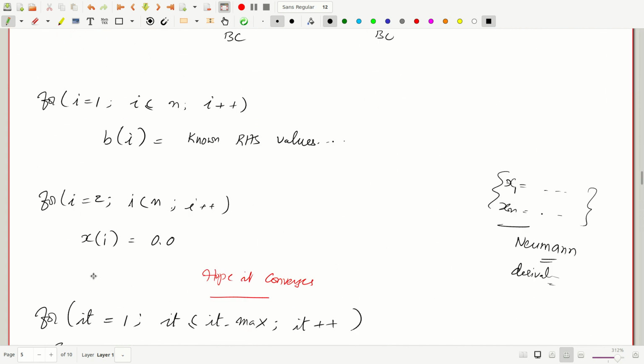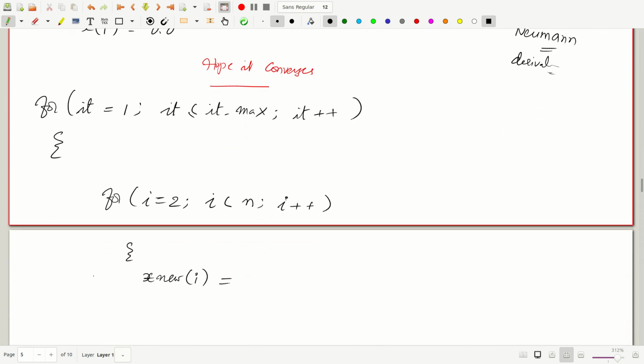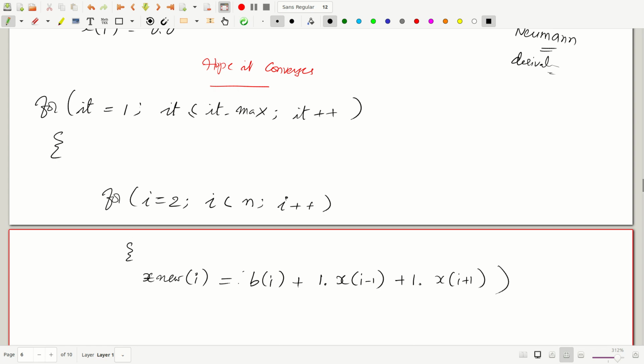That's what we'll get. So if I work with a tridiagonal matrix of the form shown here, then this will be b of i plus, basically minus 1 times minus 1, x of i minus 1, plus 1 times x of i plus 1, is all I have, and then divided by a_ii, that is your 2.0.